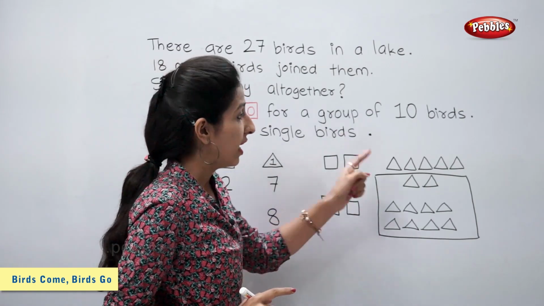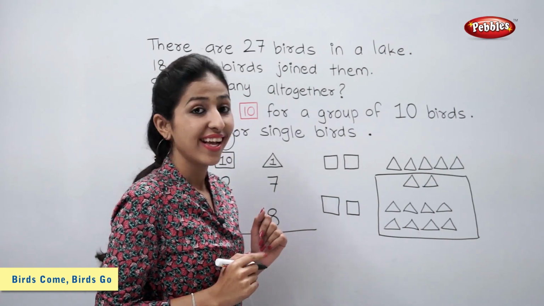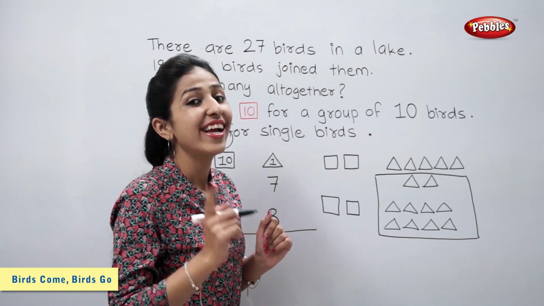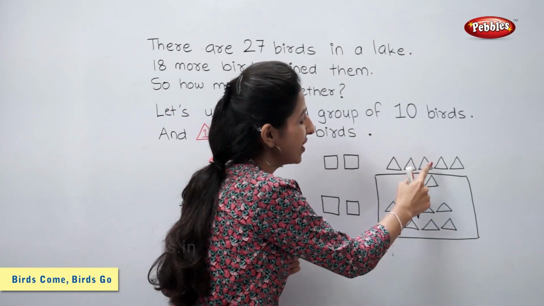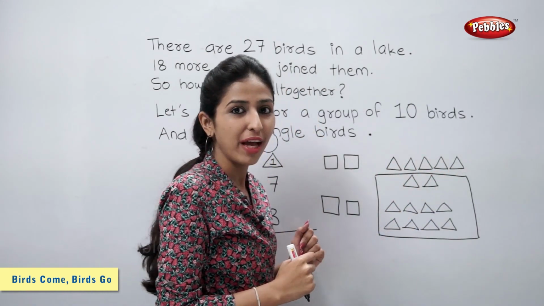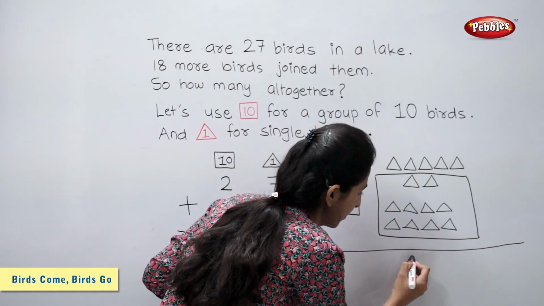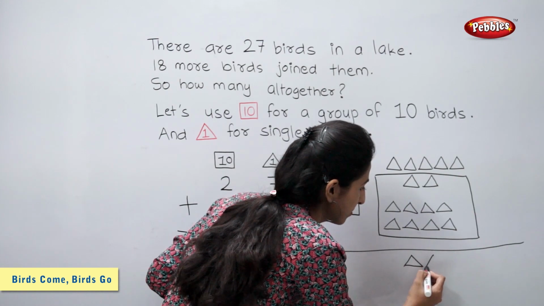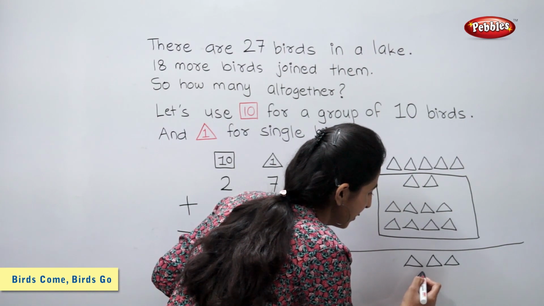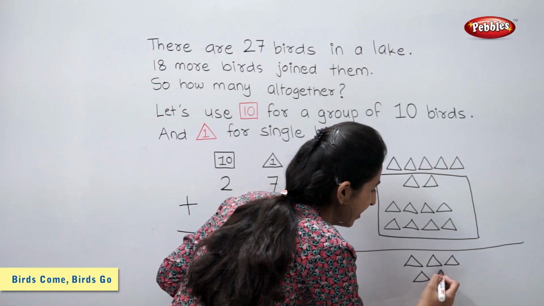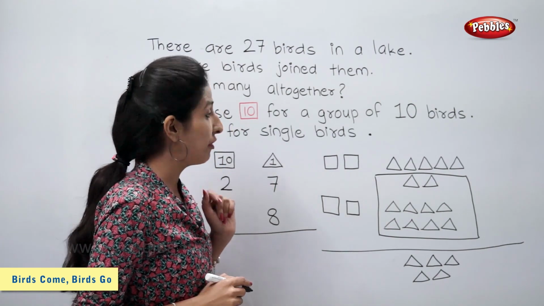So now students, count and tell me, we are left with how many triangles? Count and tell me. Right, we are now left with 1, 2, 3, 4 and 5 triangles. Now let's count number of tens.